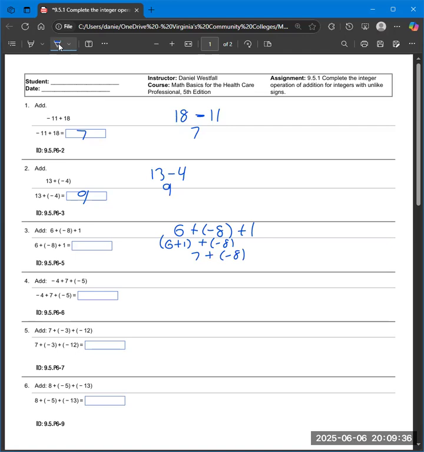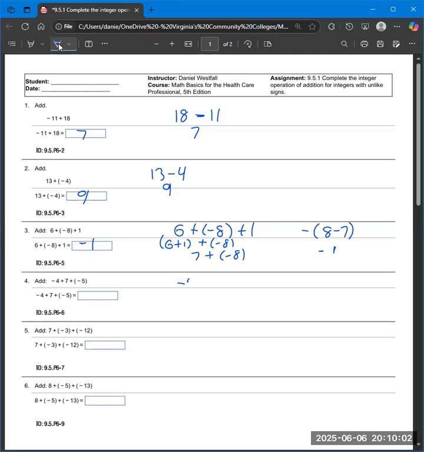The positive team is pulling 7, the negative team is pulling 8. We're going to find the difference between 8 and 7, which is 1, and we're going to keep the sign of the team that's pulling more. The negative team was pulling more, so the whole thing is going to have a negative sign. That's going to be a negative 1.